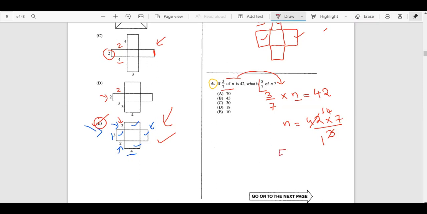So n is 14 into 7. I need to find this, so 7 and 7 can be cancelled. And yes, now I can use my calculator to find 5 into 14. That is basically 70. So A is the answer.